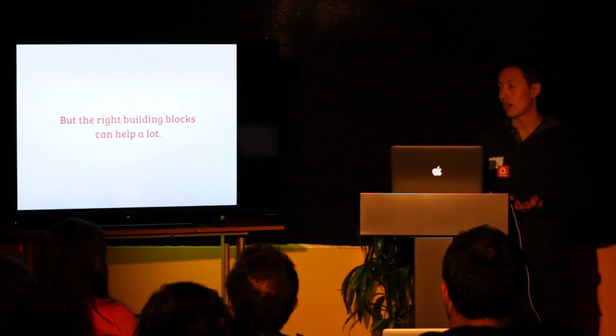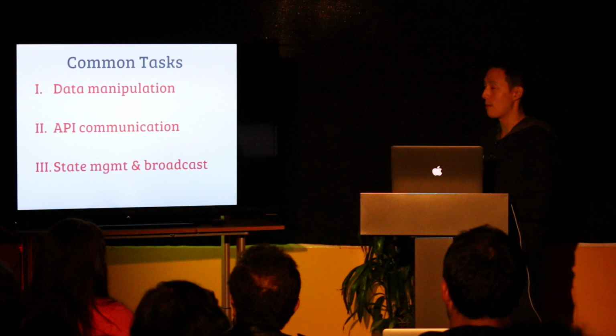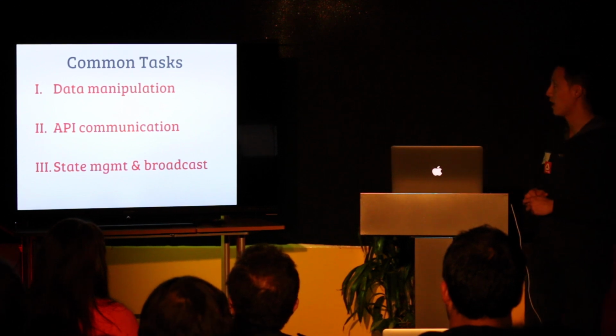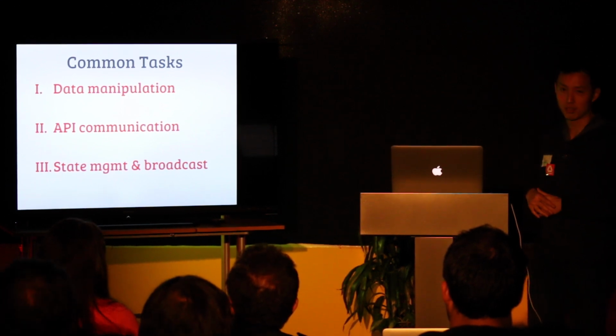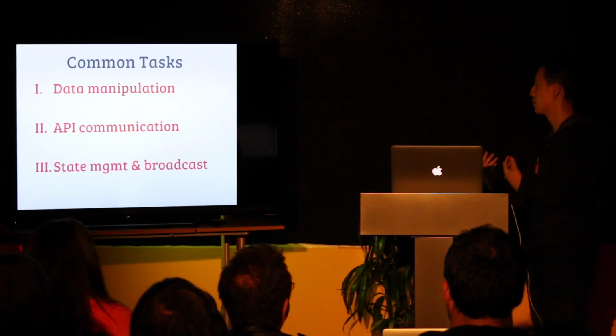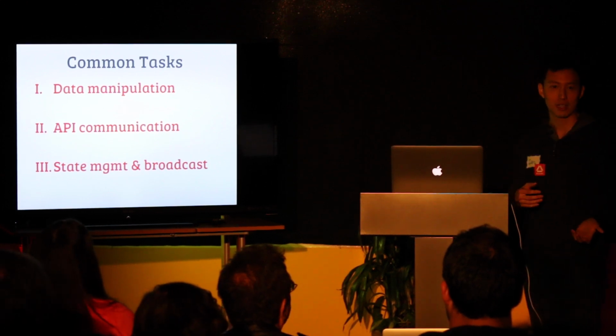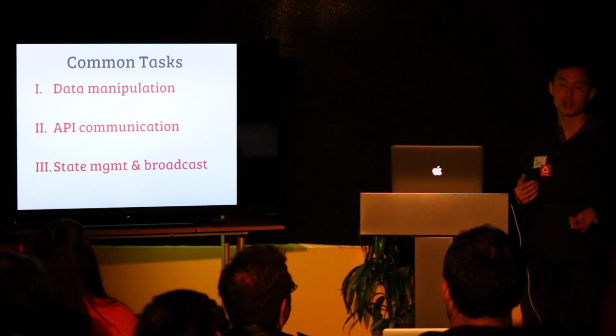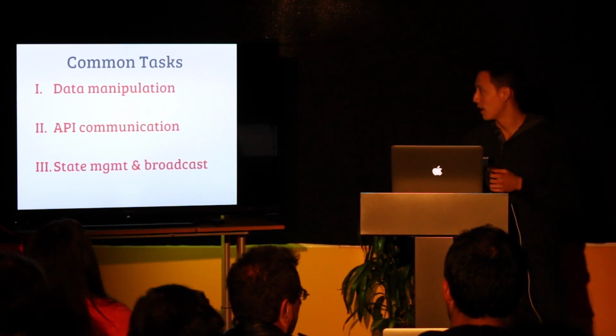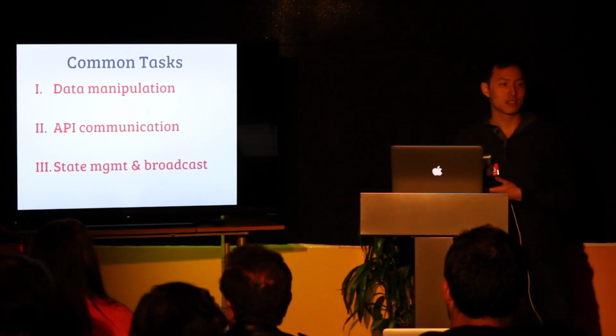And to motivate these abstractions, I like to talk about some common tasks that app developers face. These are tasks all of us have done if you've developed an app before: manipulate data, communicate with your backend APIs, and also manage your state, right? And typically, when faced with these tasks, what do you do?